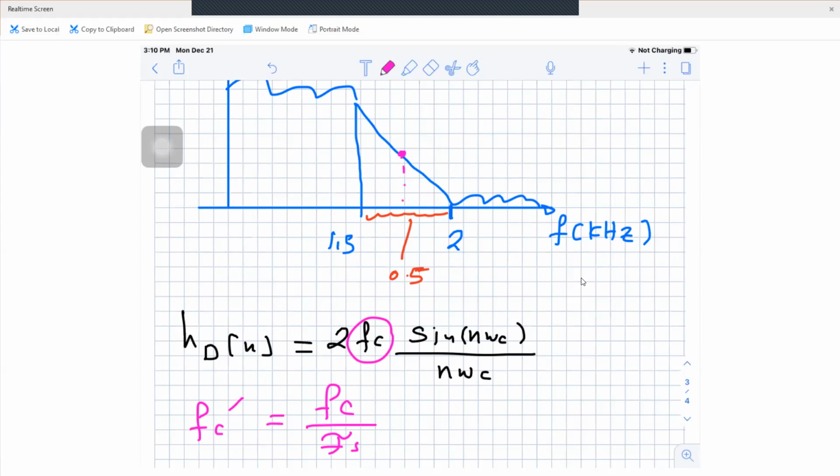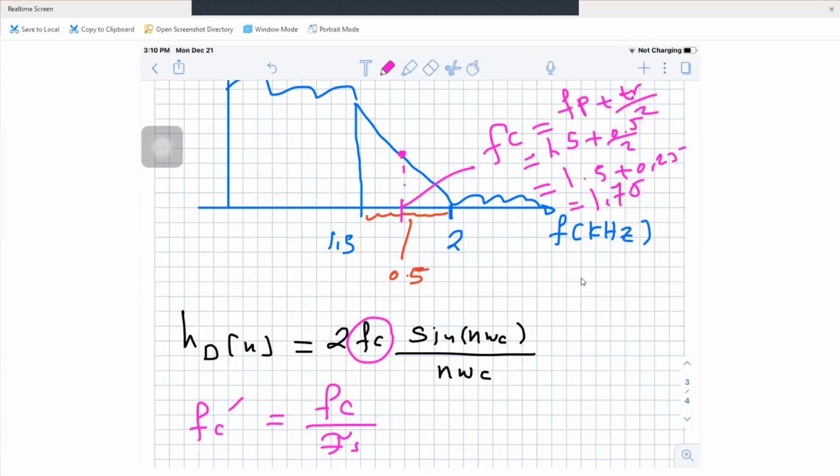It is fp plus TR over 2, so it will be 1.5 plus 0.5 divided by 2, so 1.5 plus 0.25, which is 1.75 kilo. This will be the value of fc.